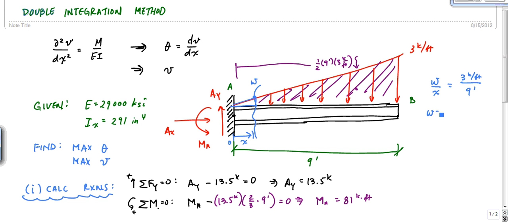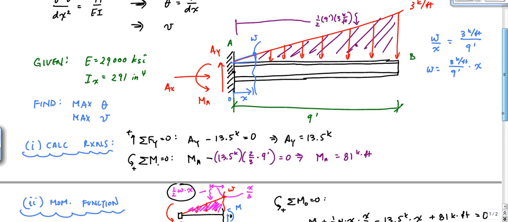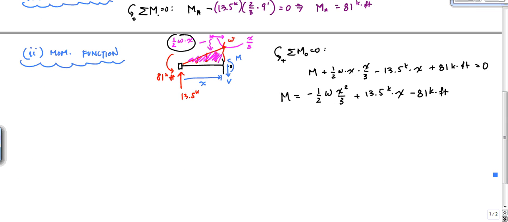And that means w is 3 kip per foot over 9 feet times x, which is 3/9 or 1/3 kip per foot squared times x.